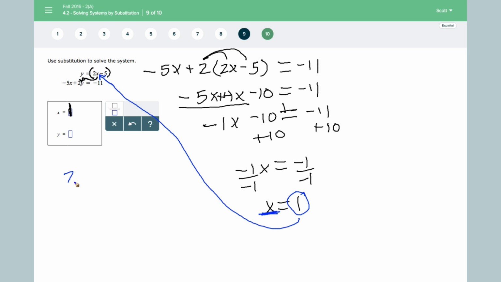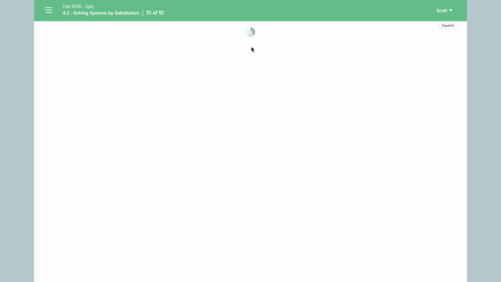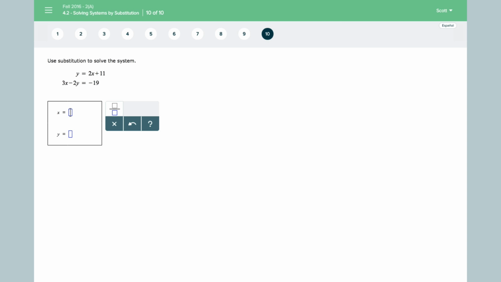So I have 2 times x minus 5. What is x? X is 1. 2 times 1 is 2. 2 minus 5 is negative 3. And the last one should be exactly the same.